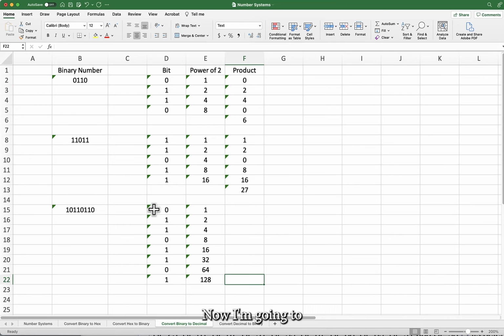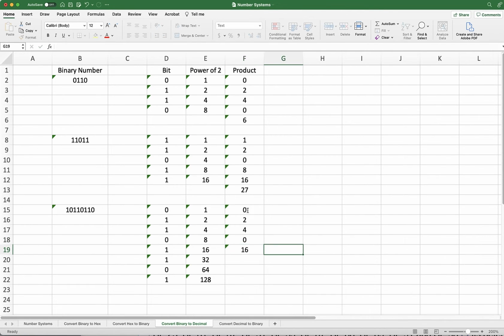Now I'm going to multiply each bit times the power of 2. 0 times 1 is 0. 1 times 2 is 2. 1 times 4 is 4. 0 times 8 is 0. 1 times 16 is 16. 1 times 32 is 32. 0 times 64 is 0.